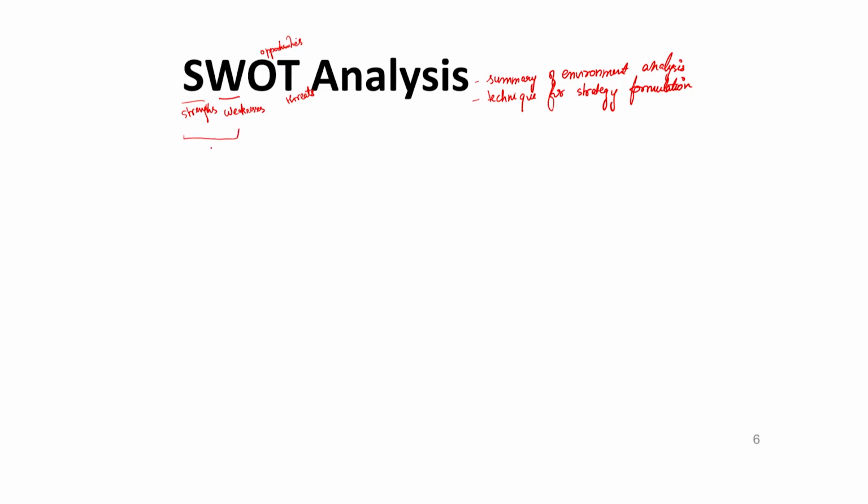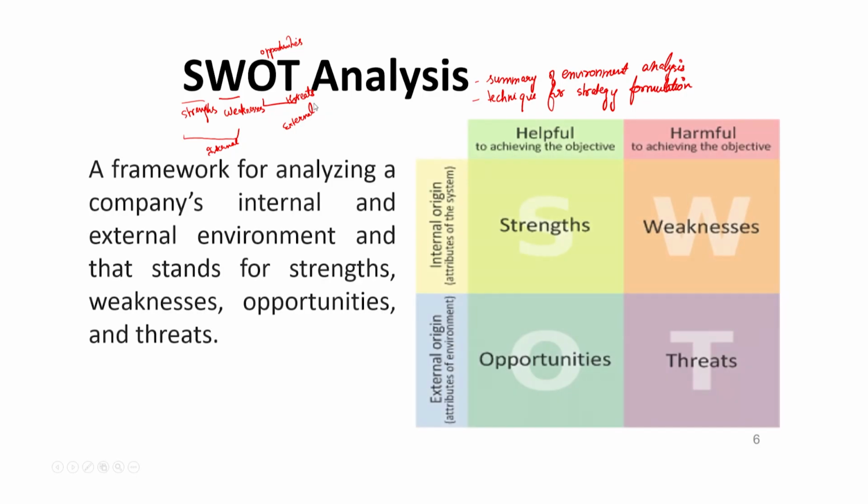Strengths and weaknesses belong to our internal environment. Opportunities and threats belong to our external environment. So, to explain, it is a framework for analyzing a company's internal and external environment and stands for strengths, weaknesses, opportunities and threats.